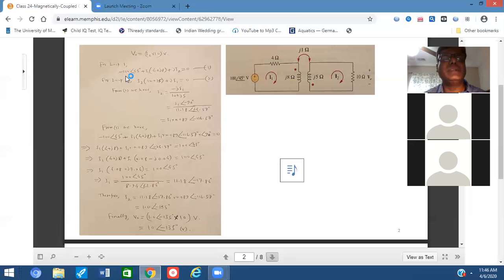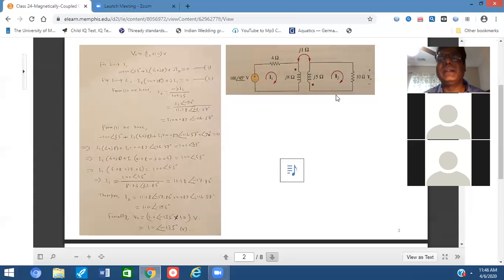That's why the equation is minus 100 at an angle of 45 degrees plus I1 times, in parentheses, 4 plus j8. And then you have to take into account the effect of mutual inductance, which is j1 ohm, and that is due to current I2.